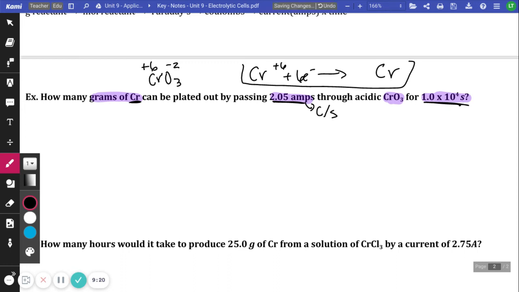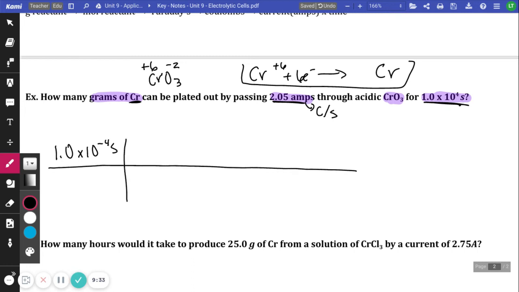So we're going to start with 1.0 times 10 to the 4th seconds, because that's how long we are running our current through. Seconds is not what we want, so we drop it down. This is where we use the amps: for every 1 second, 2.05 coulombs pass through.